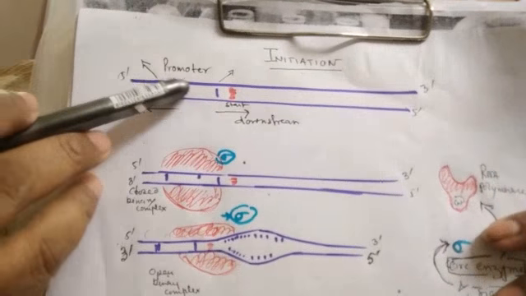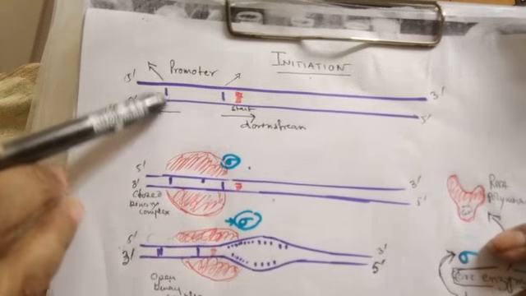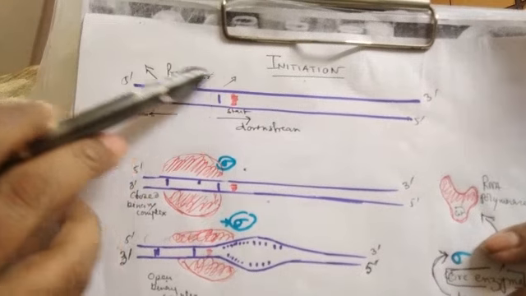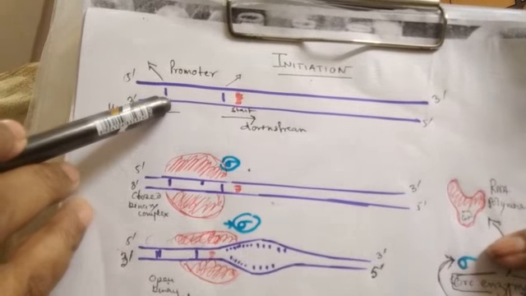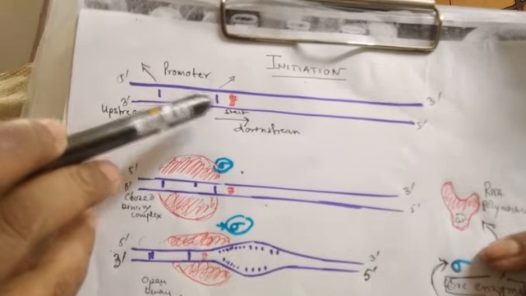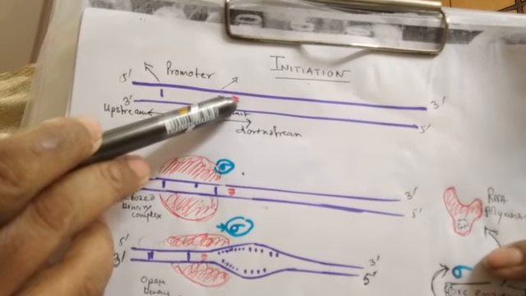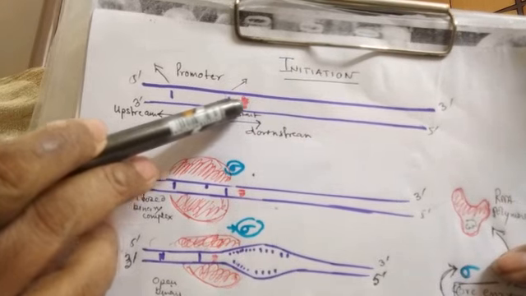You can see here, this is the promoter part of the transcription unit. Clear? And just after the promoter region, this is the region from where the transcription will be started, where the DNA will be transcribed.